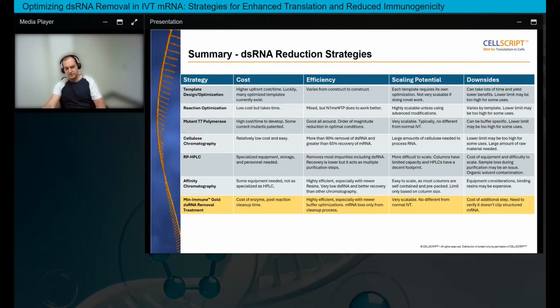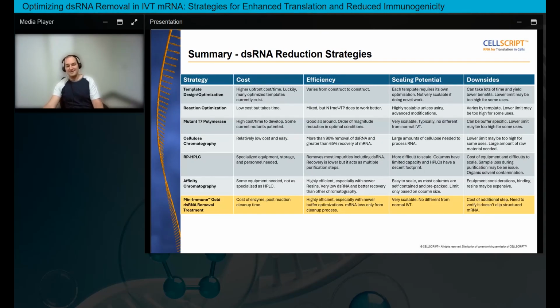And that's sort of the aim that I'd like to sink in for a bit, is that there's a lot of strategies for double-stranded RNA removal, and I think some of them work better than others objectively. I think a lot of them depend on the history and the perception of those tactics as well. We know that template design, optimization, and reaction optimization are attractive targets for double-stranded RNA reduction.